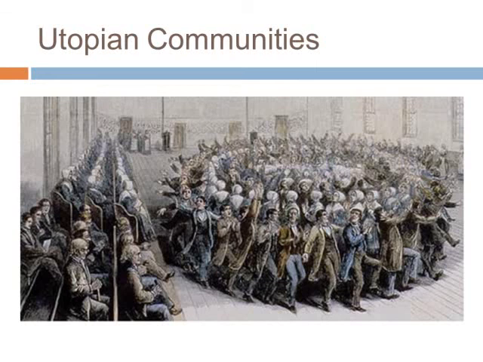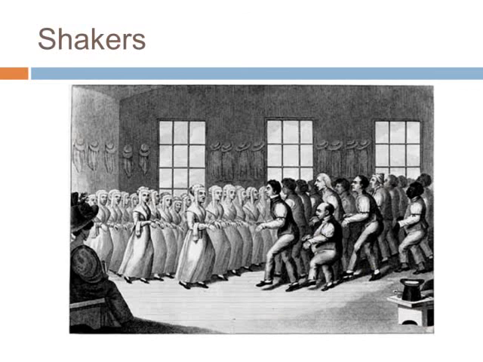Then utopian communities. Who do we have here? The Shakers, led by Mother Ann Lee, were very Christian. They danced a lot, and they believed in celibacy. No sexy time. How did they manage to continue maintaining their society then?